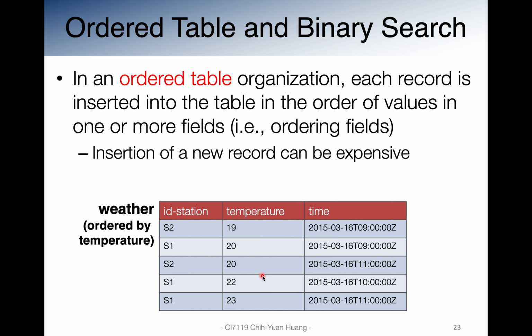For example, the temperature 21 needs to be inserted over here. Originally the temperature 22 record directly followed these 20 records, so it needs to be moved to the next position, and then we insert the 21 record over here. So the insertion of a new record could be expensive in order to maintain this ordered table organization.